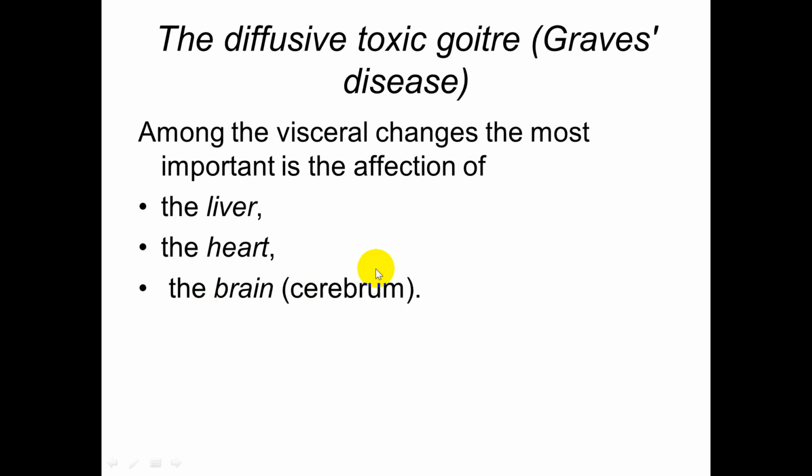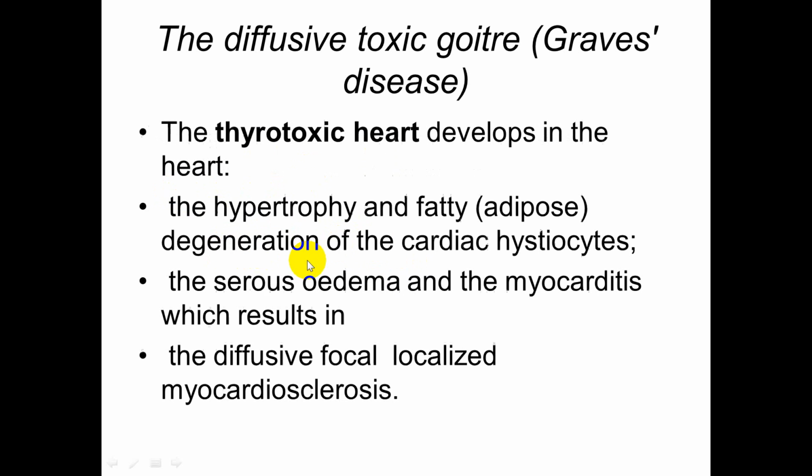In diffuse toxic goiter, or Graves' disease, the following changes occur in visceral organs: the liver, heart and brain are affected. In the heart, a thyrotoxic heart develops: hypertrophy and fatty degeneration of the cardiac histiocytes, serous edema and myocarditis, which result in diffuse focal or localized myocardiosclerosis.